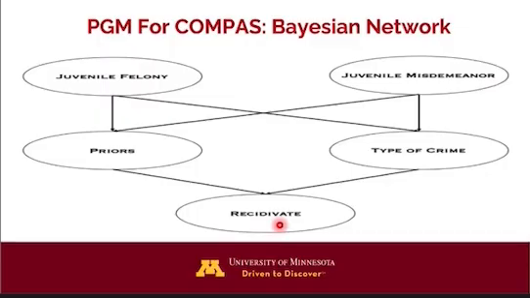Because of that, they use what we call COMPAS. In COMPAS, C means Correctional, O means Offender, M means Management, P means Profiling, A means Alternative, and S means Sanctions.